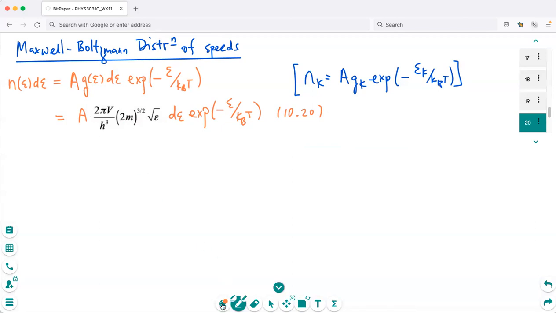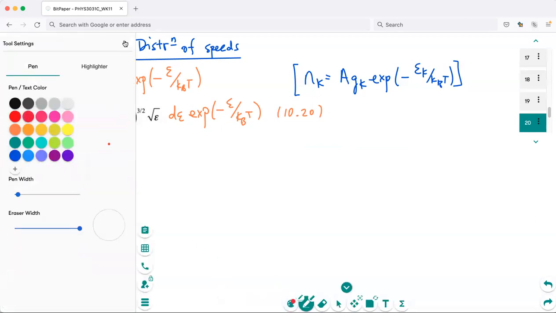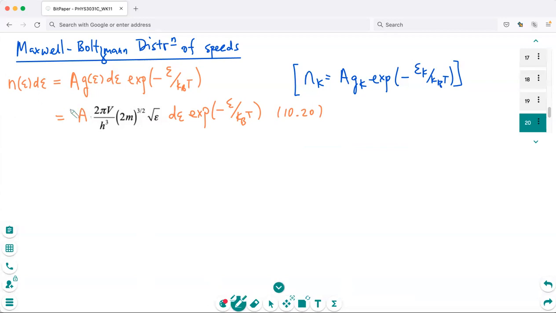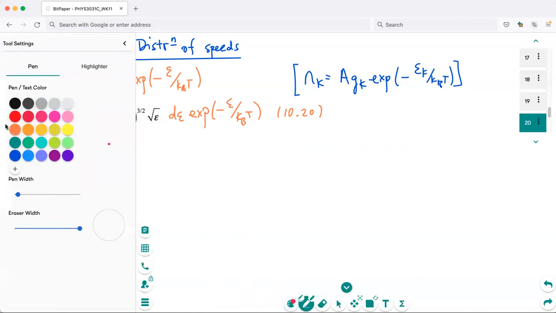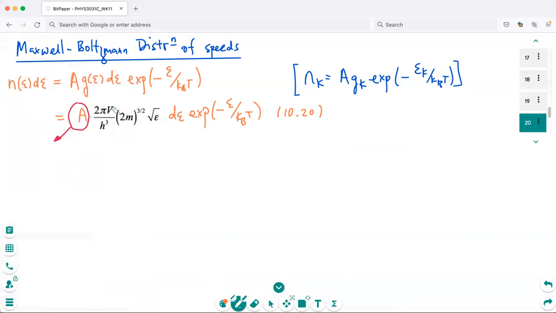But then one thing you probably don't remember is this. How do you deal with this? Now this I have shown you, that A is the prefactor, which is related to the Lagrange multiplier alpha.